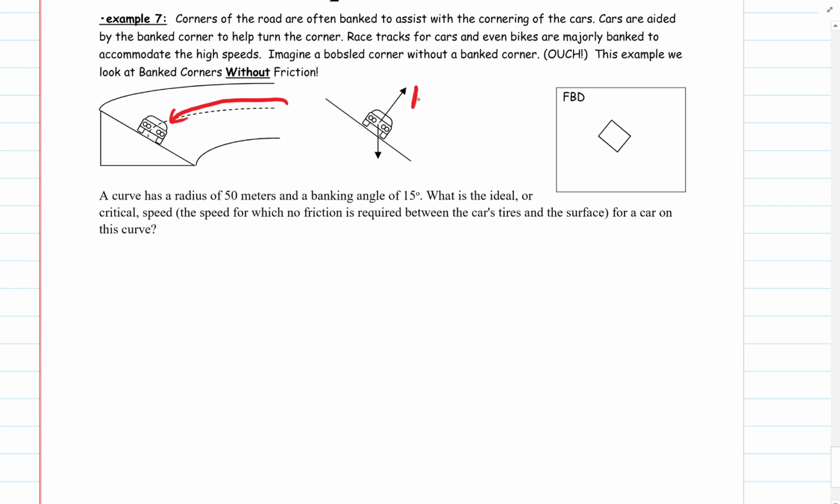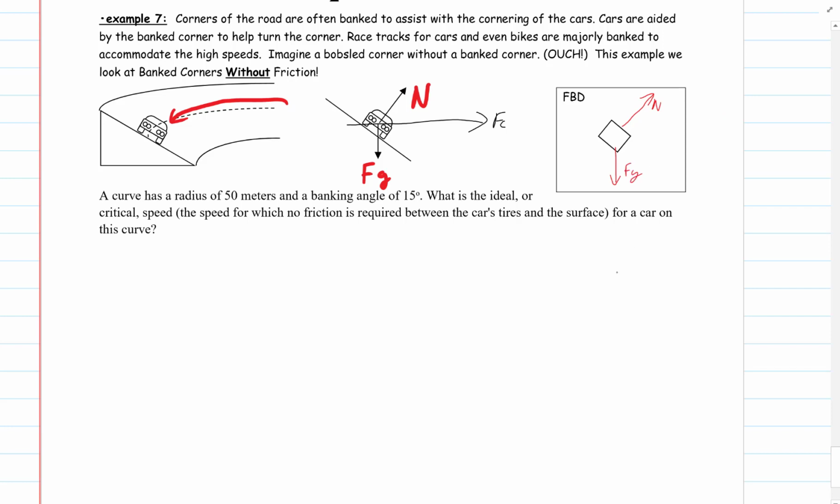So there's only a normal force and a force of gravity, and those two need to be adding up together so that it becomes a centripetal force. So I'll draw our free body diagram. Let's say normal and a force of gravity down. That's it.